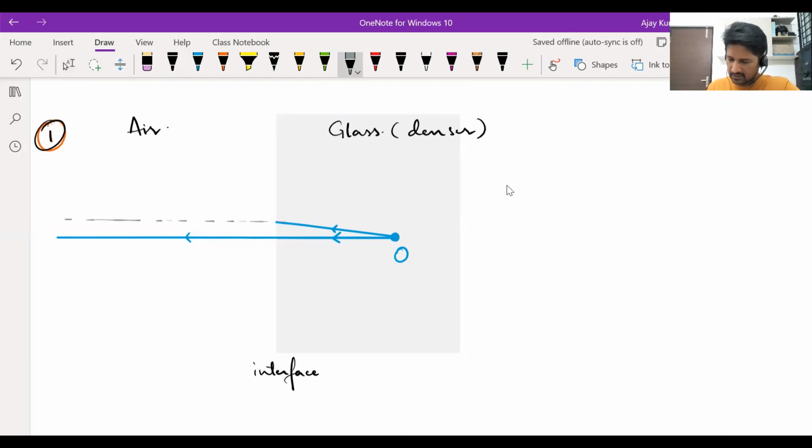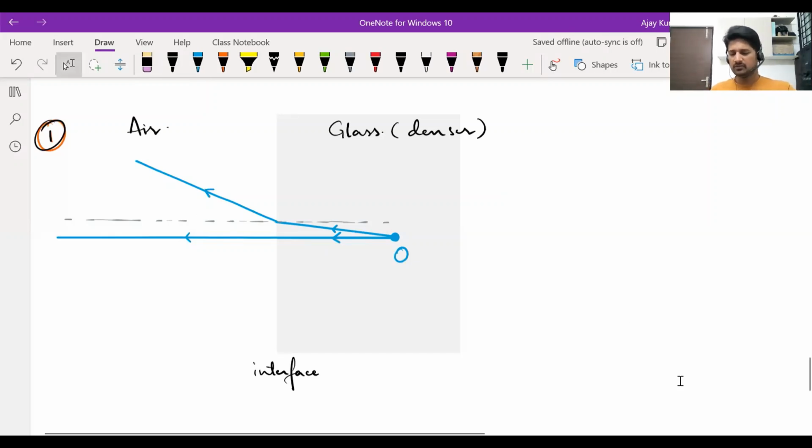This gray dotted line is the normal, and it should bend away from the normal. So instead of traveling along its actual direction, this ray bends like this. Let me show it bending significantly just for us to visualize. Travels like this.